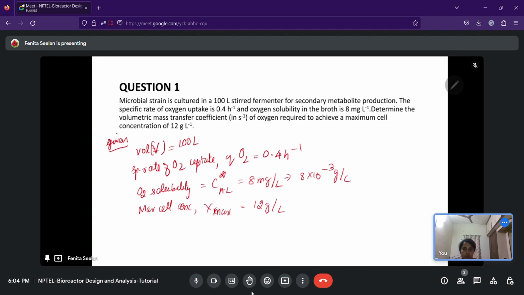Okay, so how do we proceed with this? What is the formula for KLa? How do we calculate KLa?